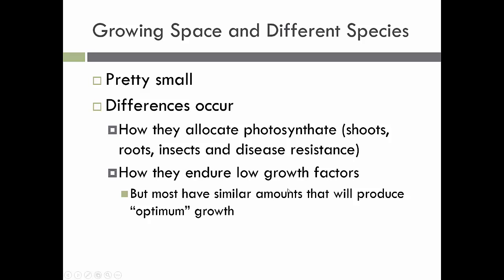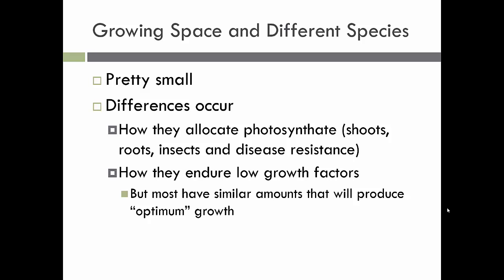Tulip poplar grows quicker, so it's able to allocate more of that growth to height, which allows it to outcompete Virginia pine in that example. These differences are pretty small, but they make a difference. So that question was a little bit of a trick question. You could answer it both yes and no, but it depends on how we think about that.